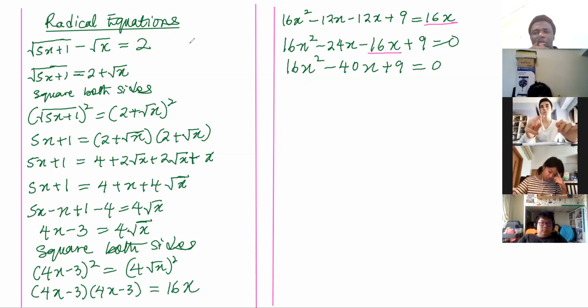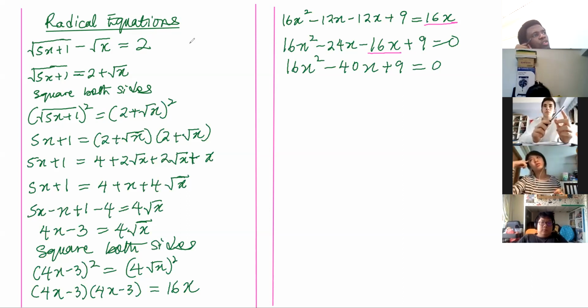Okay. So what are the factors of what is 16 times that? That's 160 minus 16, 144. Am I right? And what are the factors of 144 to give 40?